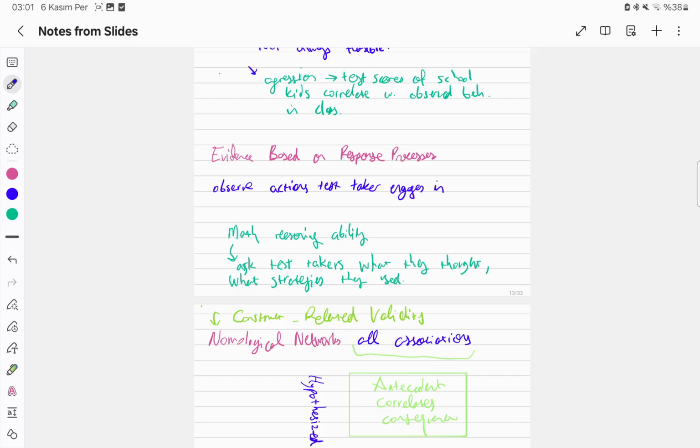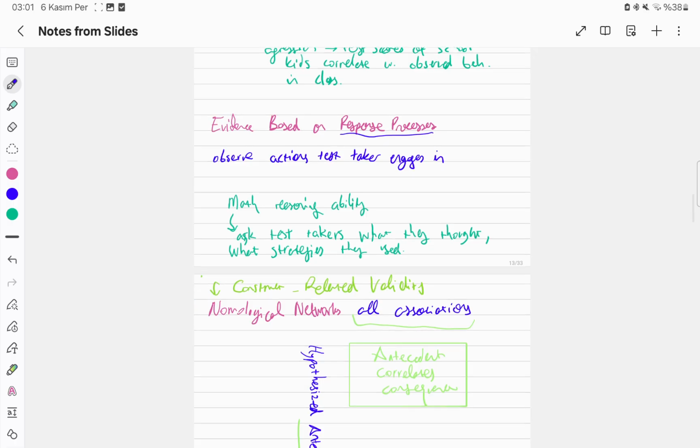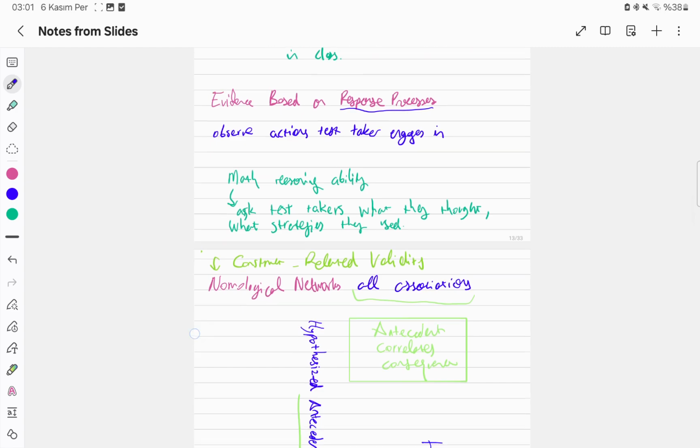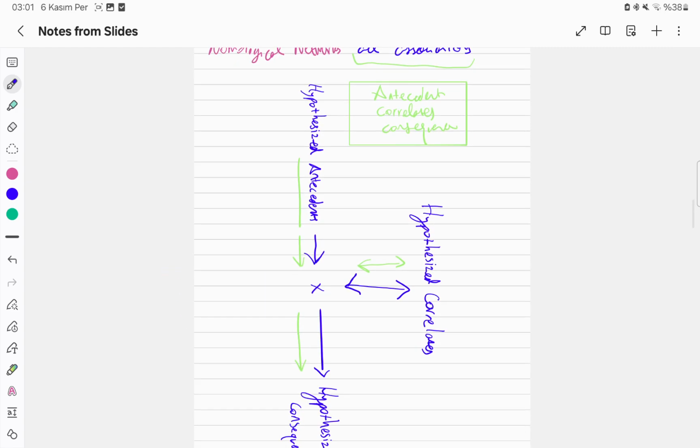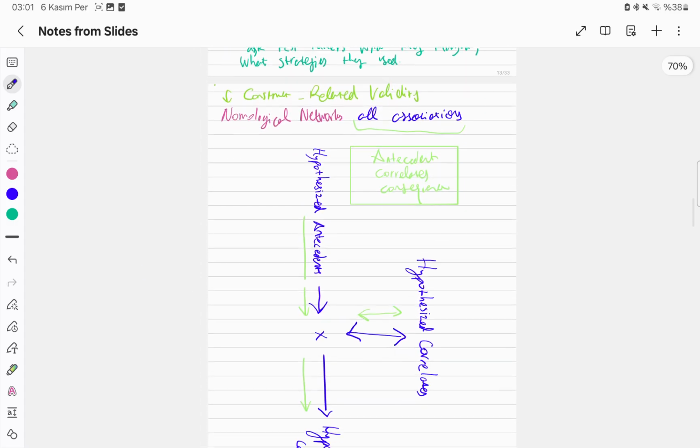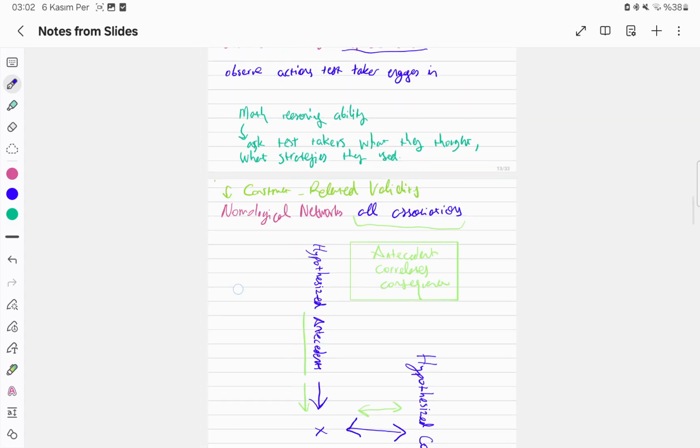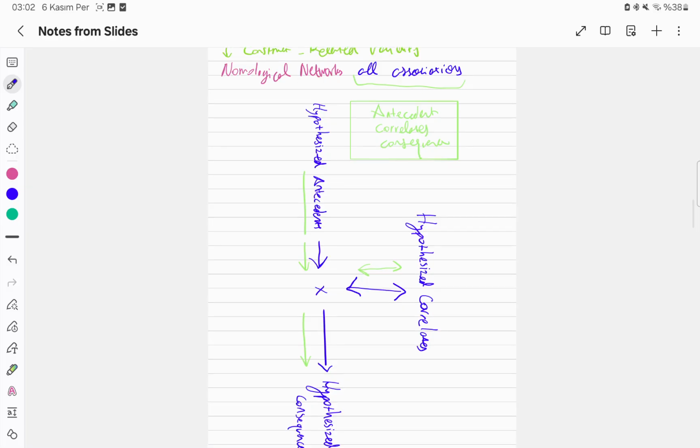So we can just ask the participants and look at their responses. This is called evidence based on response processes. Like in a math reasoning ability test, we can ask the test takers what strategies they used.